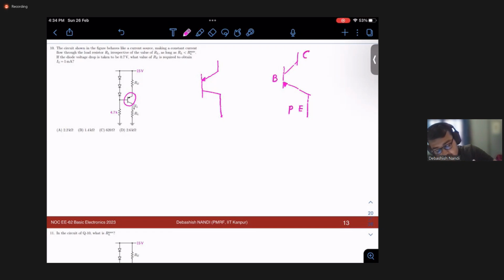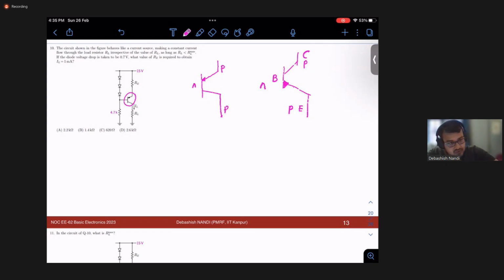This is P, this is N, because the diode is directed from P to N, and then obviously this will be P, right? Similarly, if I take this case, this is my emitter, this is my base. First thing, don't do this. First thing you do, mark this as P, this as N, this as P. Get it first cleared that it is a PNP transistor.